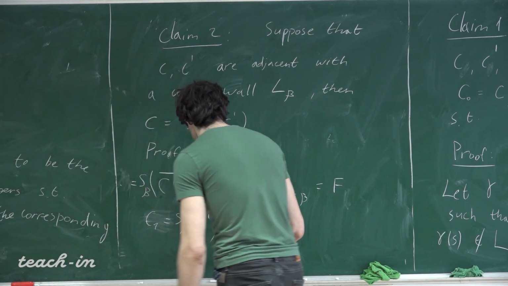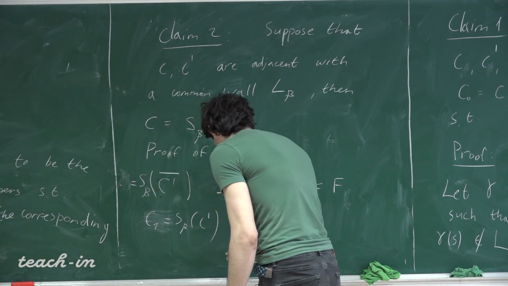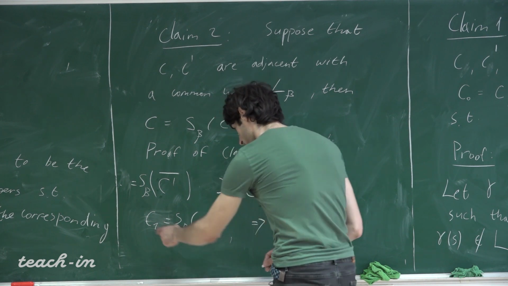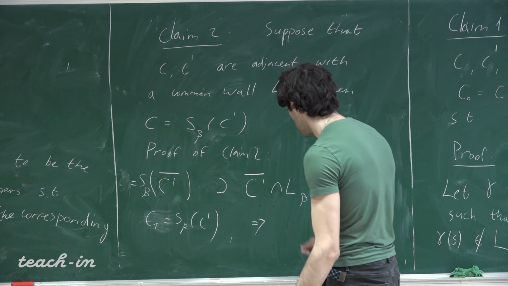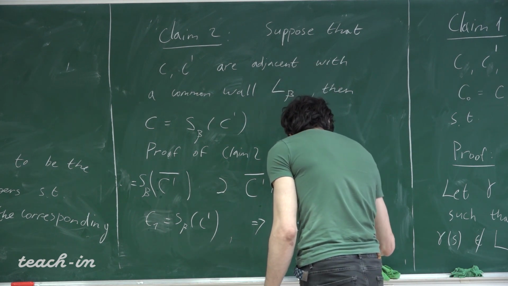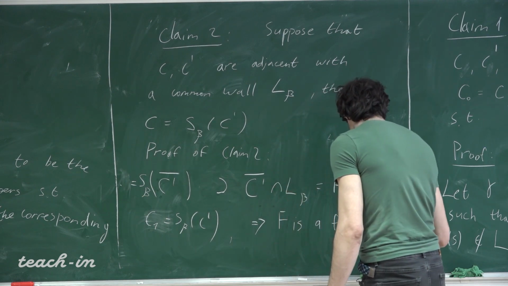So since this is true, C1 is some other Weyl chamber, and F is a face of C1.